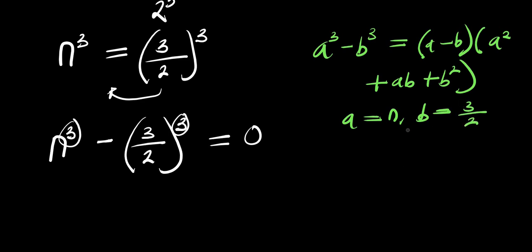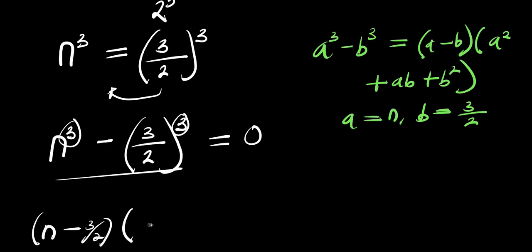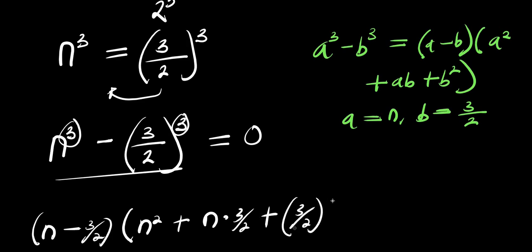So we insert n and 3 over 2 for a and b. So what we are going to have from here, we are going to have n minus 3 over 2 times n squared plus n times 3 over 2 plus 3 over 2 raised to the power of 2, and this equals 0.